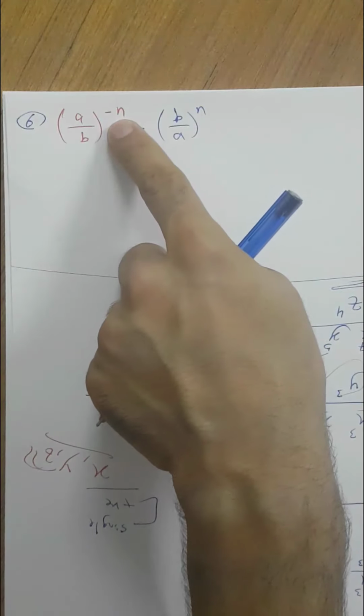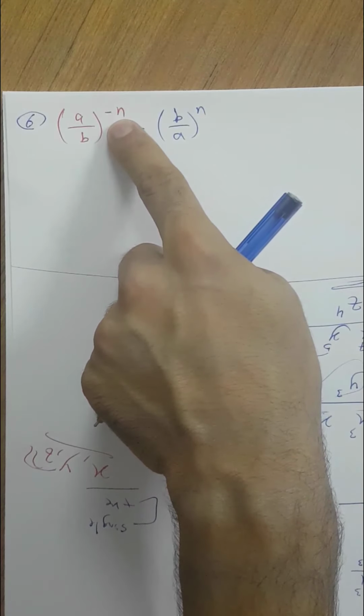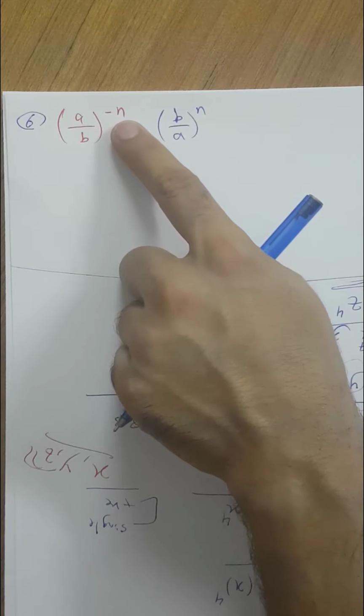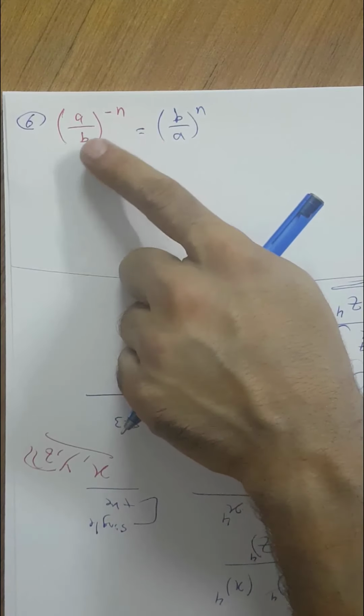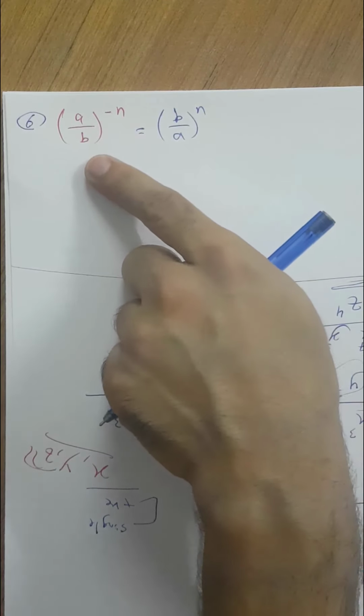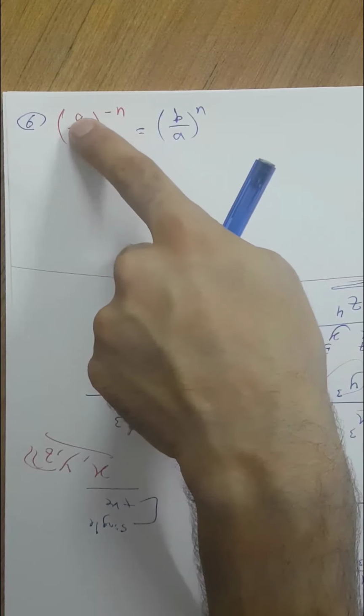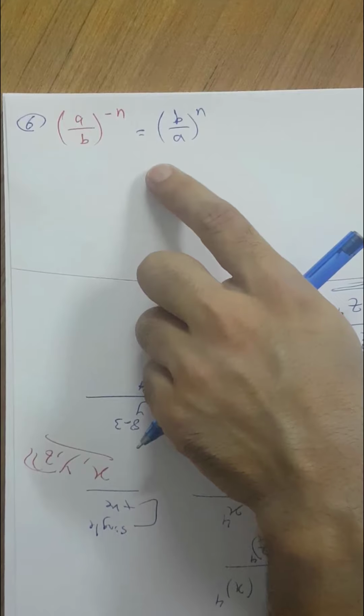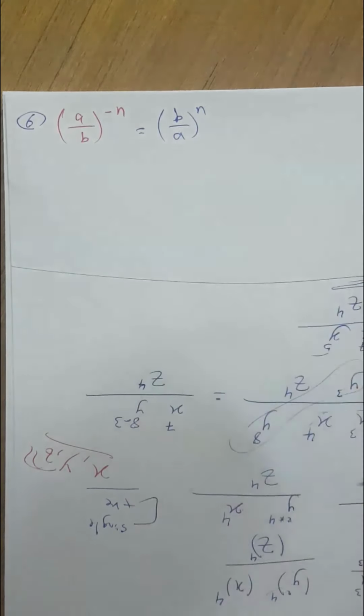And do not forget to change the denominator to numerator and the numerator to denominator. You should swap them, upside down. So this is called raising a fraction with a negative power, inverting it into a positive-power fraction.